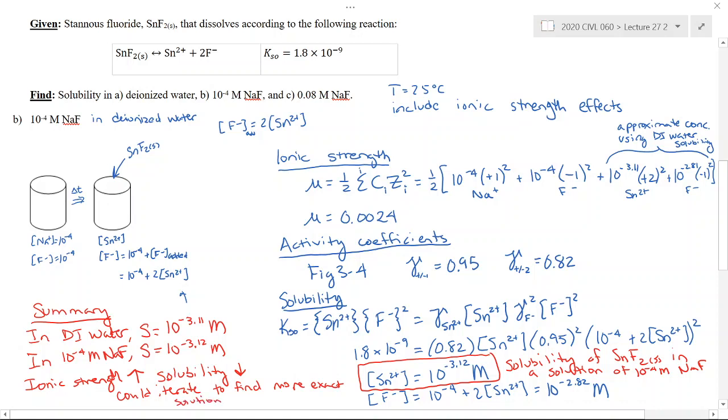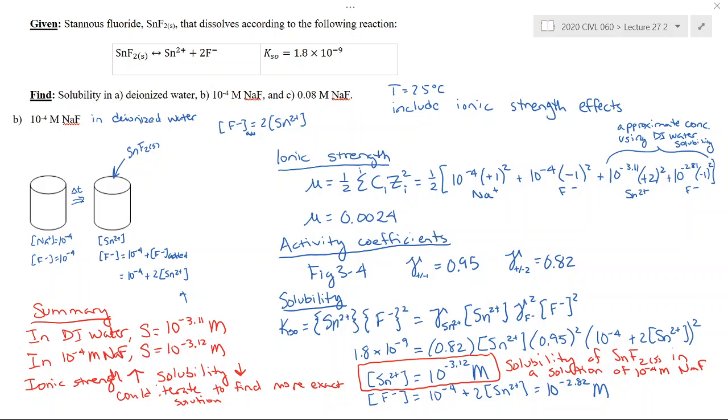That means you would take your answers here, 10 to the minus 3.12 and 10 to the minus 2.82, and put them back into your ionic strength calculation, and then resolve the problem until your answers converge to your desired level of accuracy. But in this case, they're within 5%, so I'm okay.